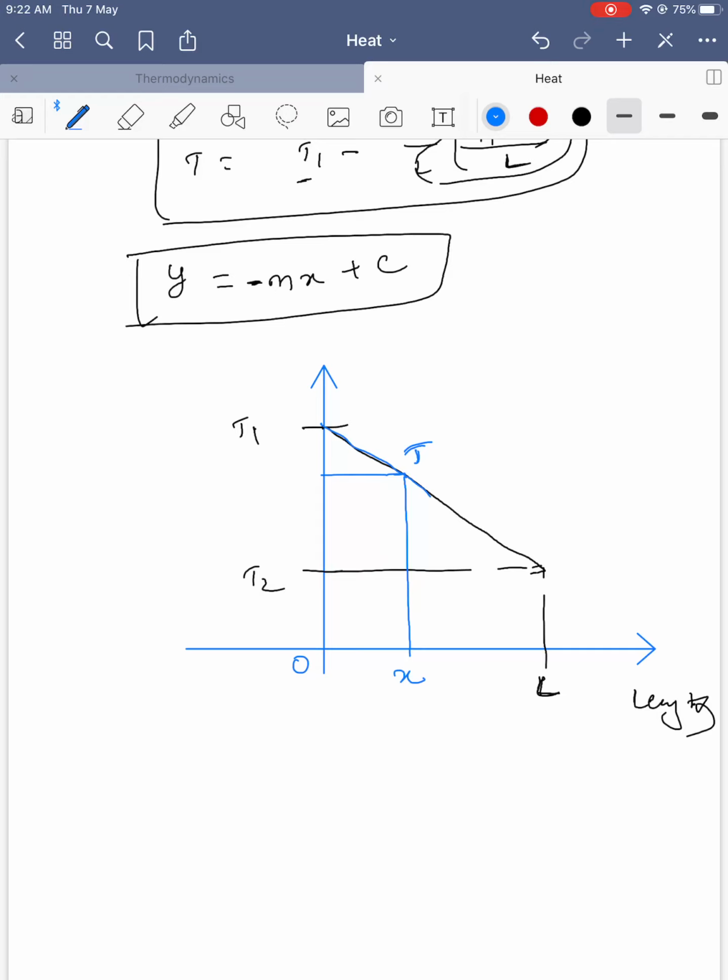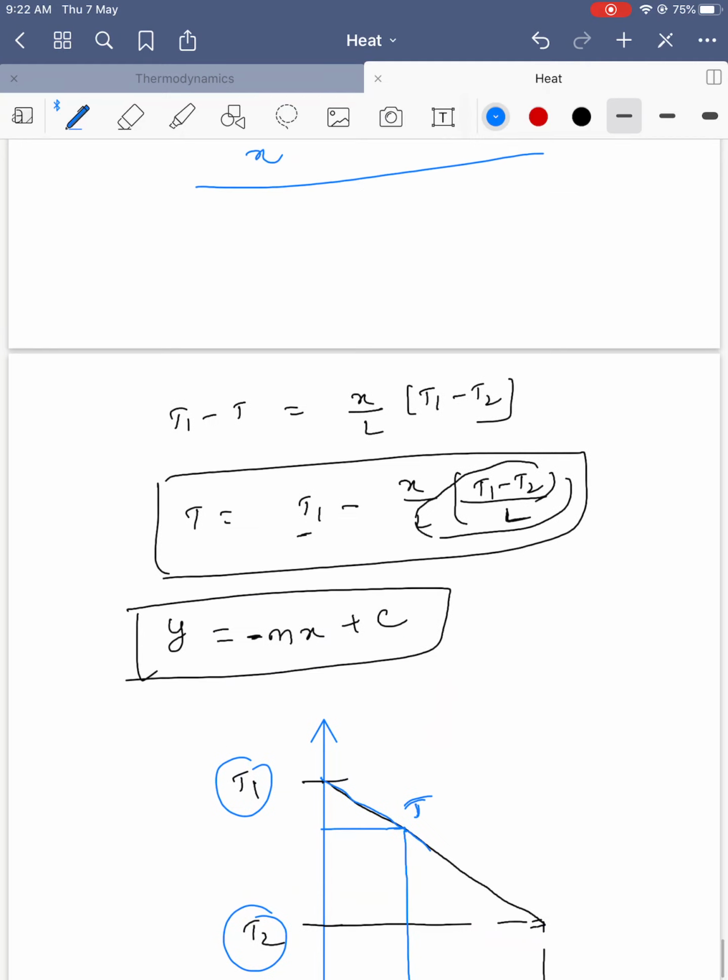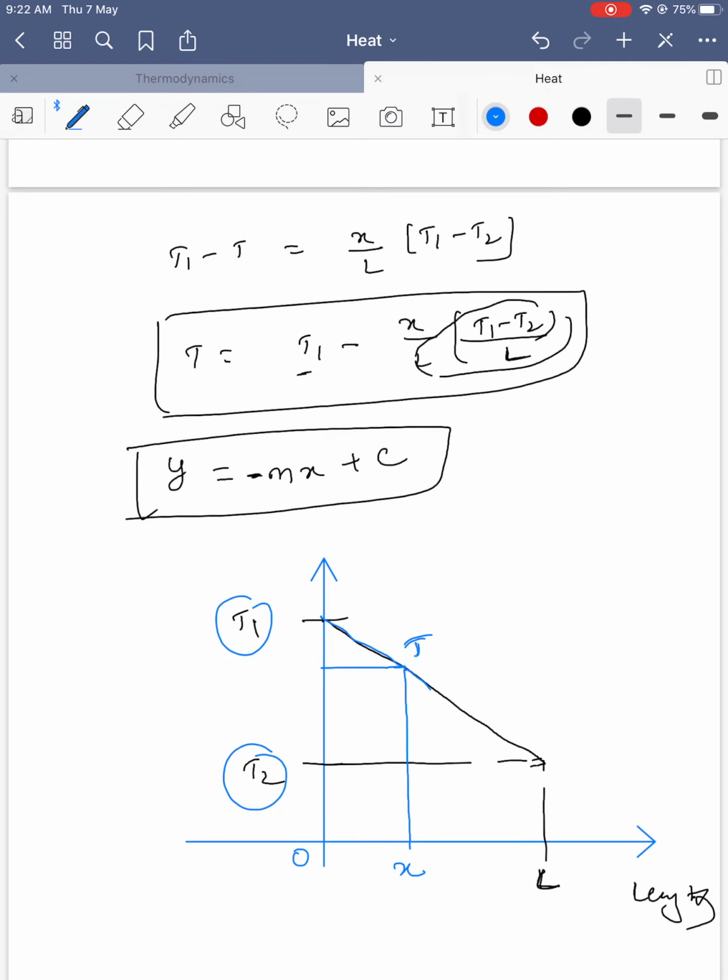You know the slope is T1 minus T2 by L, and a minus sign will be there. So this is how the graph looks for temperature versus position. The initial temperature is T1 and the temperature at the other end is T2, so the temperature comes down to T at a position X.